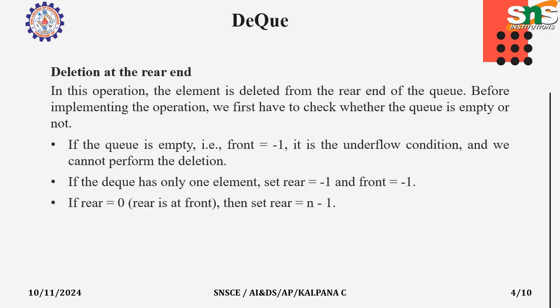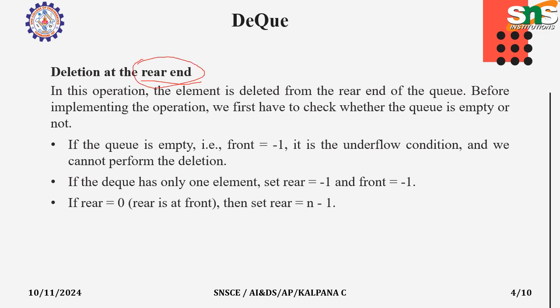And next is deleting an item at the rear end. So this is a different case. Before that, we discussed deletion at the front end, which is obvious, like your queue data structure. We usually delete any item at the front end. Here we are going to perform deletion at the rear end.